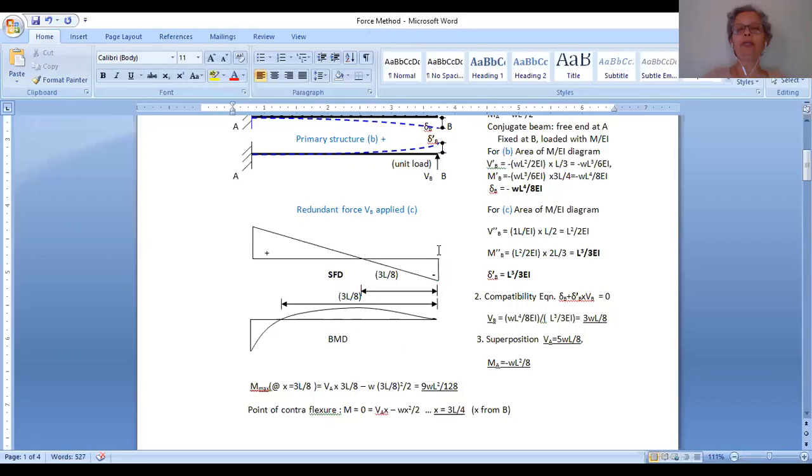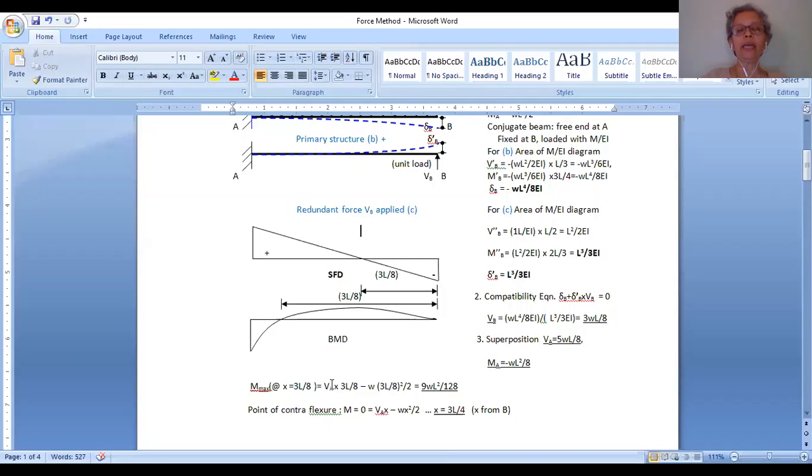Is it possible for me to find out this distance which I have shown here, 3 L by 8? How do I find out this distance? By the principle of similar triangles. Yes, so it comes out to be 3 L by 8. So I can write down the equation from the right end. At x is equal to 3L by 8, I have to find out the moment.